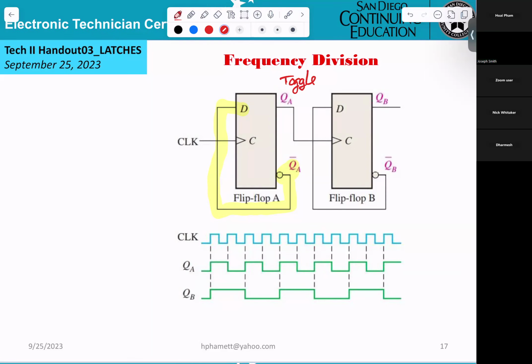And same thing, not Q of B connected to D, QB will toggle when they get a clock. So they are telling you here, when the clock goes low to high, QA will be 0, now goes to 1.